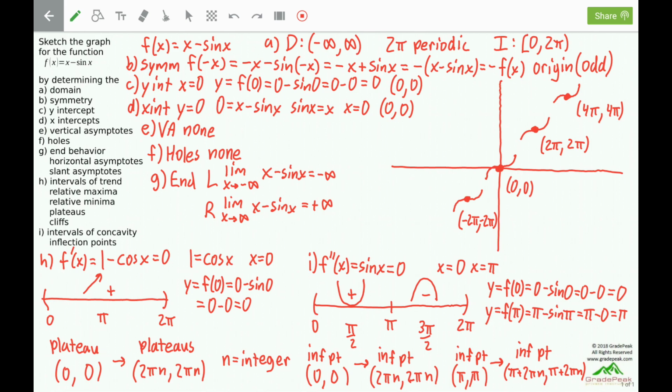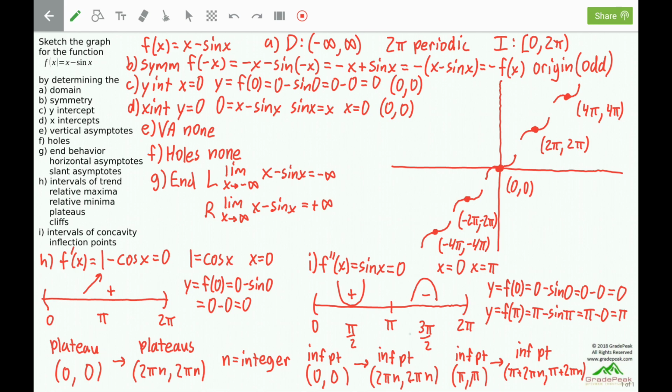If n equals -2, we'll have one at -4 pi, -4 pi, so that'll be somewhere about right here. And on and on.